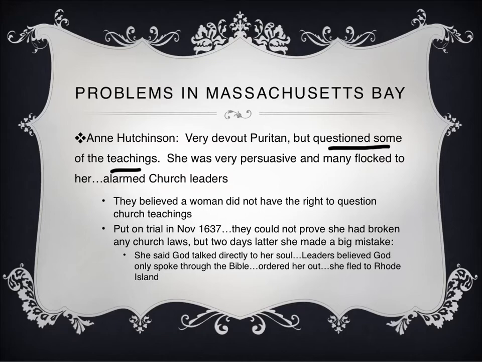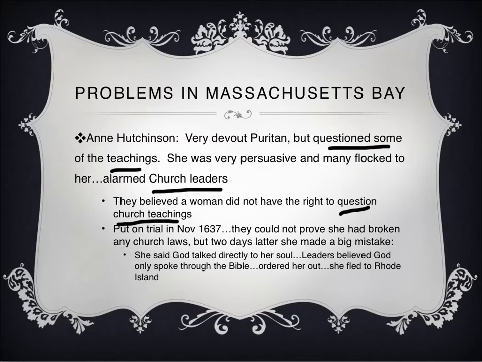She goes to the church, and then a lot of people gather at her home, and they discuss what they feel the minister meant. Okay? Her talking and questioning begins to alarm the church leaders, right? First of all, they believe that a woman has no right to question church teachings. How dare a woman even begin to try to question us males, us men, right?